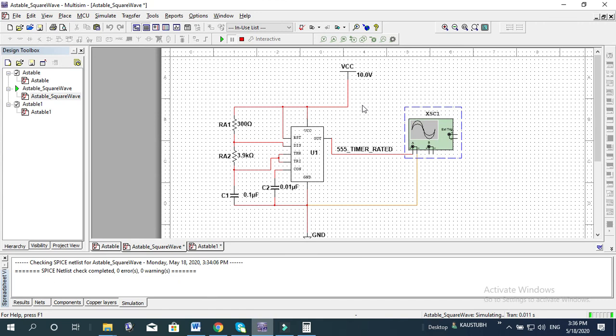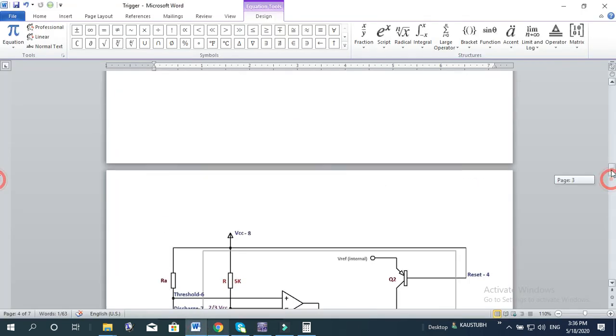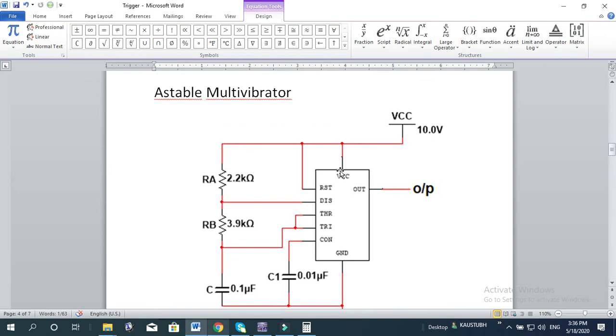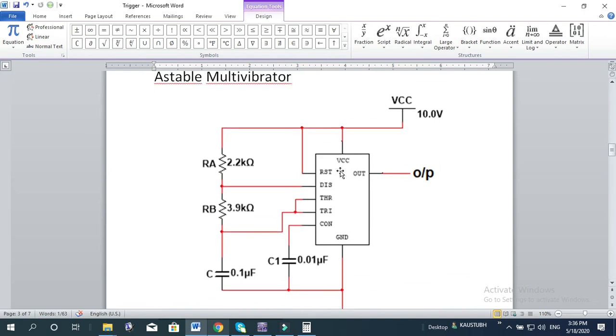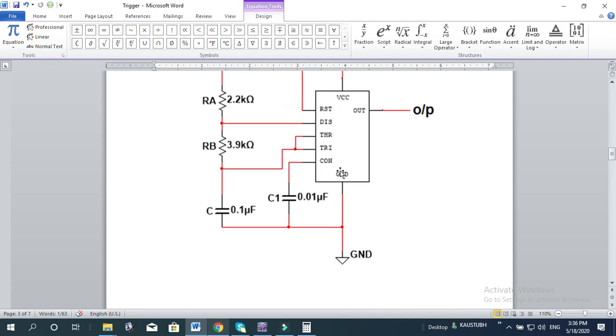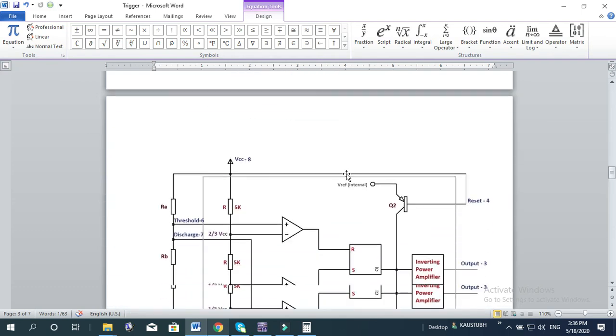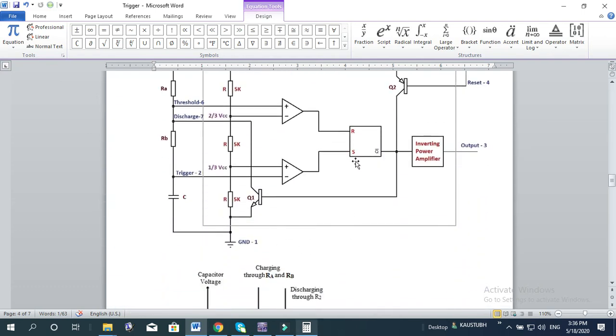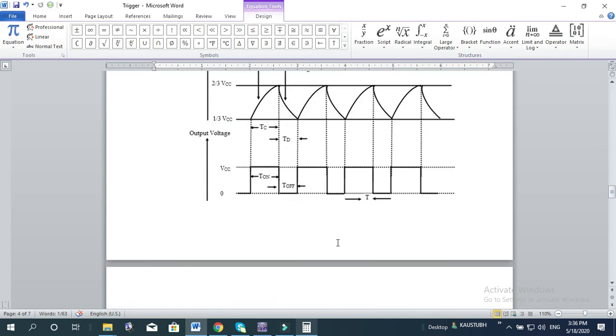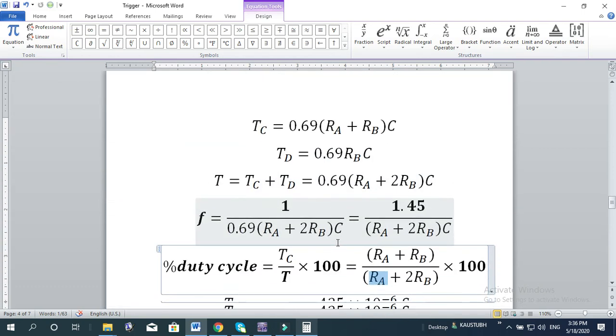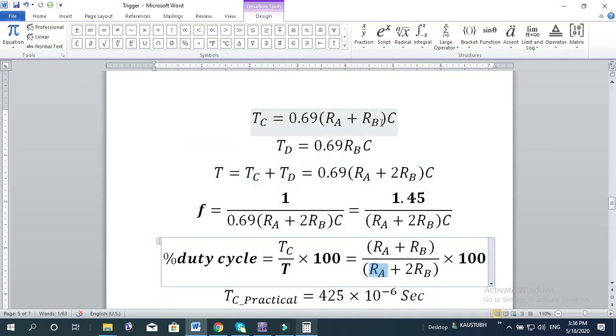Okay, so you please try that one. So that's all. In this video we have learned about the astable multivibrator, how this astable multivibrator works. I explained this with the internal circuitry of the timer along with the externally connected RA, RB and C. So these waveforms we obtained already, and calculations: the charging time, that is on time, the discharging time of the capacitor, that is off time, and the total time.